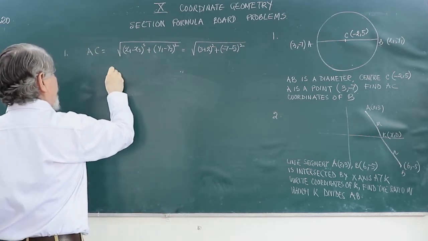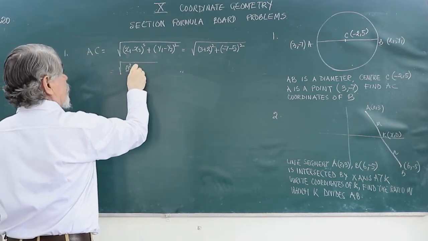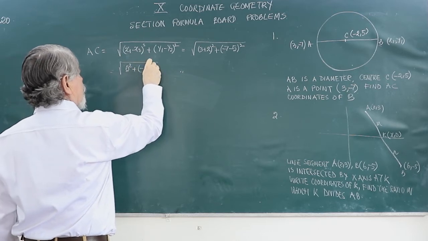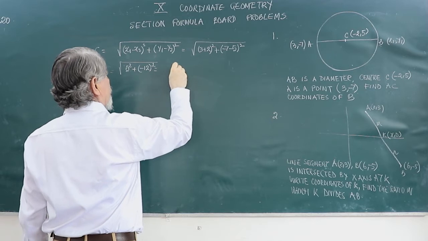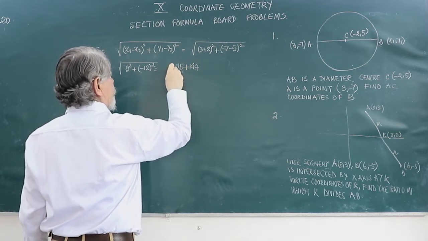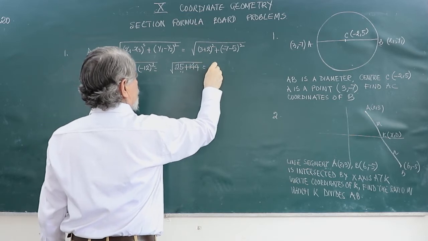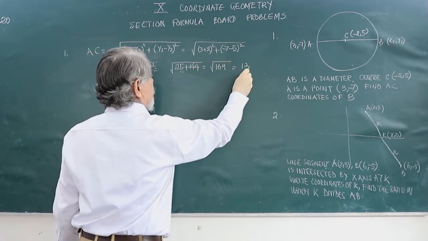That will become 5 whole square plus minus 12 whole square. That is 25 plus 144. That is 169. That will be 13.